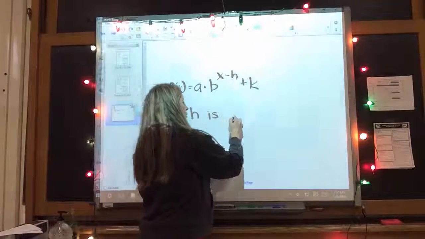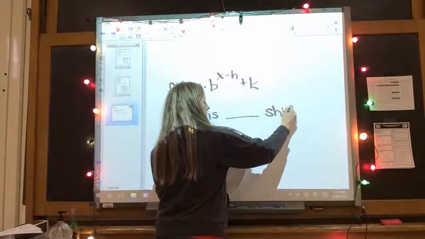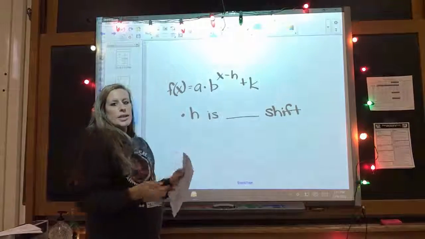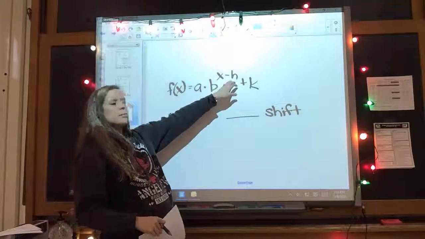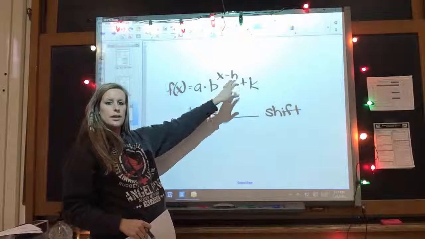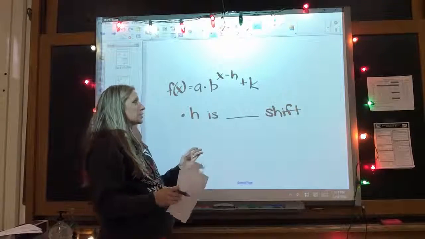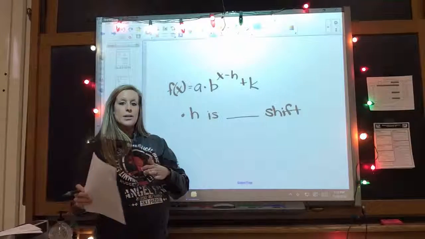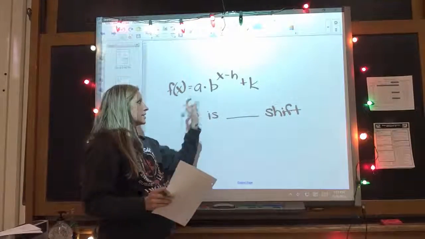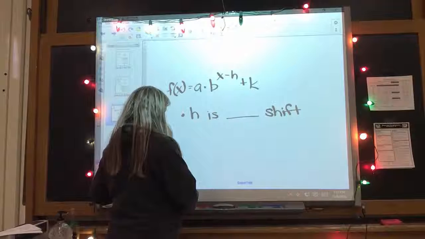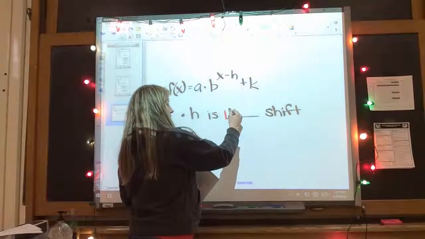All right, and then to the right side, it says, okay, h is what kind of shift? So look at h in that equation. If we have a number up here with x in the exponent, how is this going to shift? And hopefully you remember it shifts either to the left or to the right if it's in that exponent. So you can put left or right.